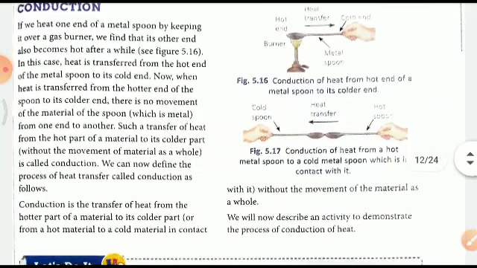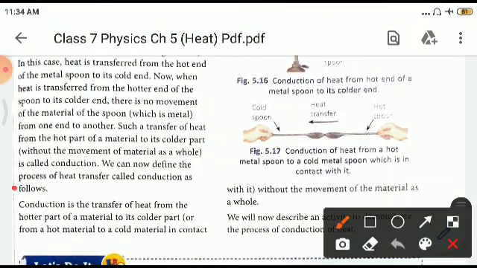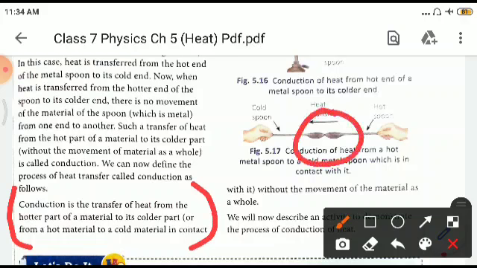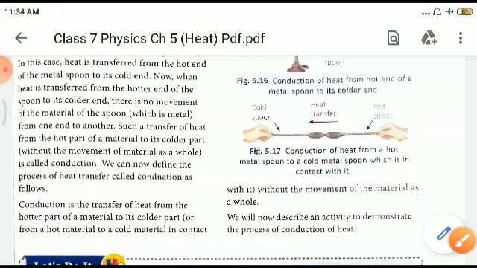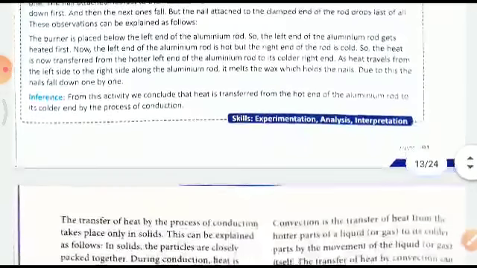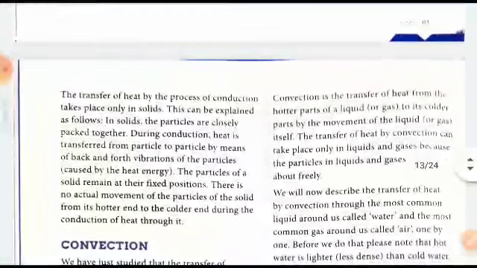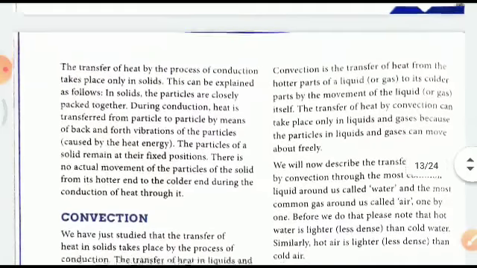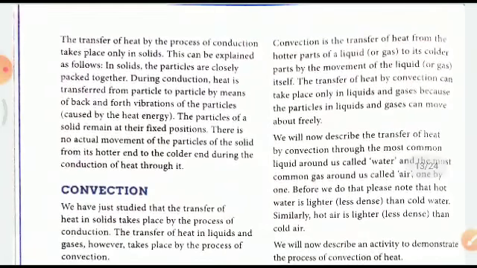So conduction is the transfer of heat from the hotter part of a material to its colder part when the hot material and the cold material are in contact, right? See, contact is very important. There is some activity given in your book which you can go through.